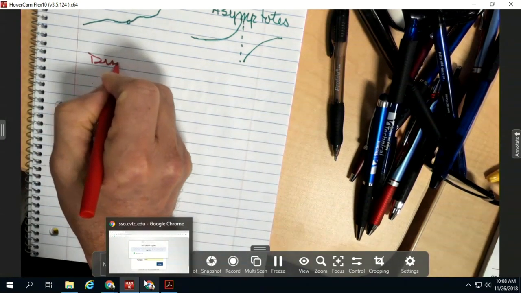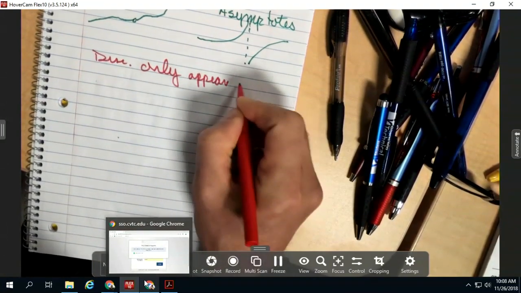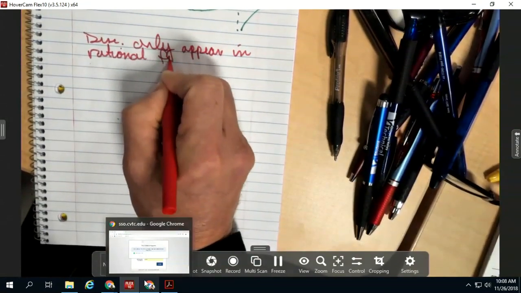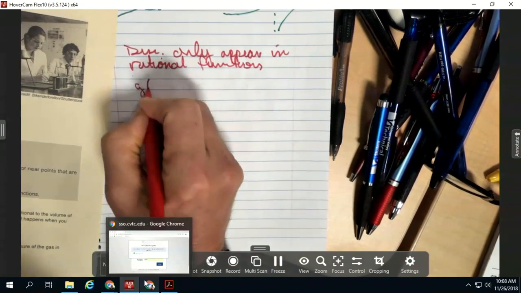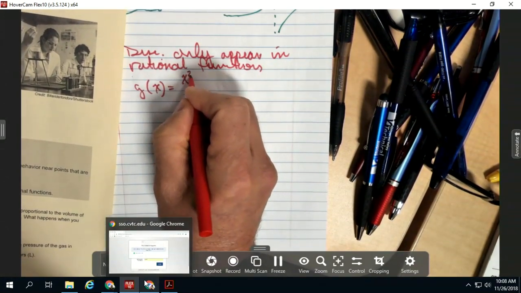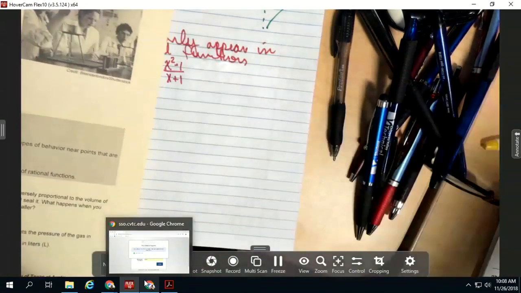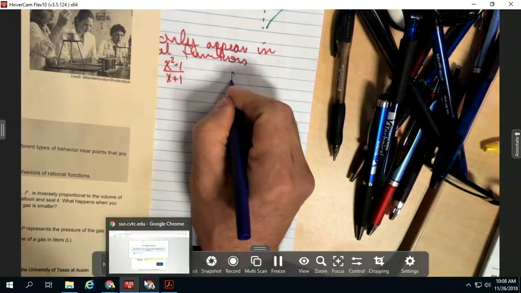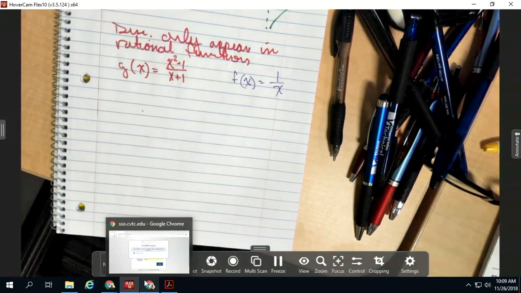Discontinuities only appear in rational functions, like g of x is x squared minus 1 over x plus 1, or like f of x is 1 over x.